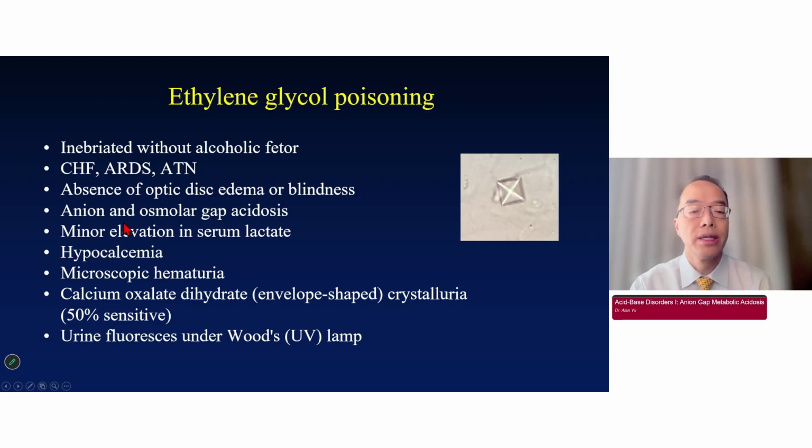Many of these toxins can affect cellular metabolism, and usually the way they do so, as does ethylene glycol, is to cause an elevation in the generation of lactic acid. So your serum lactate may be elevated a little bit. Don't be fooled by this.